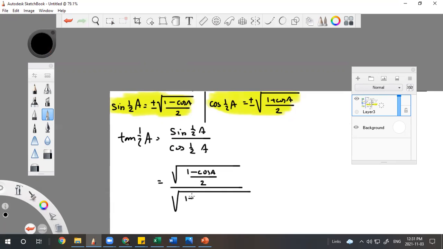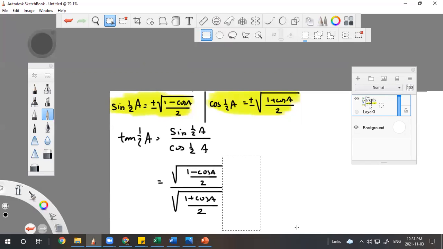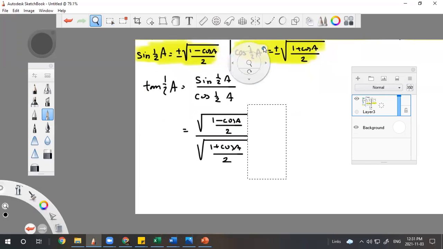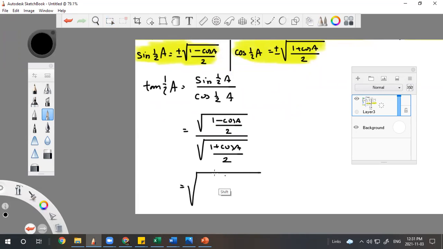Square root of cos. And if we have the double square root, we can just combine. So it becomes over 2 over 2. Okay.